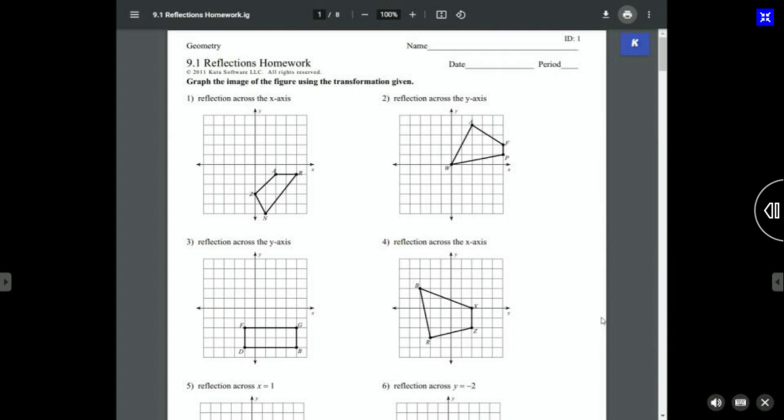When you reflect, you flip something over, right? When you flip it over an axis, you multiply the one you're going over times -1.